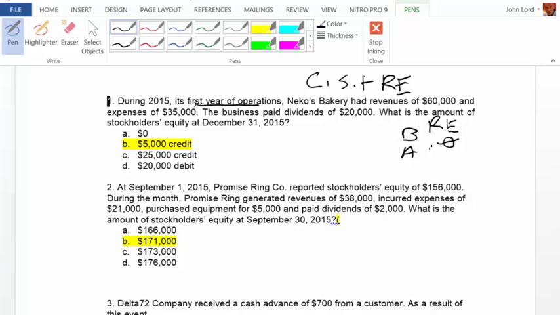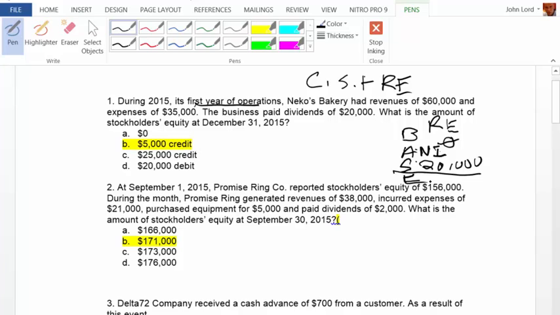That's the add. Do I have a subtract from retained earnings here? The subtract is the dividend of 20,000, isn't it? And then that's going to give me the ending balance, which is what this question wanted from me.